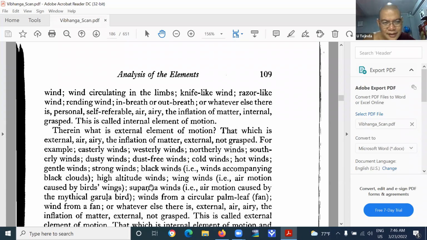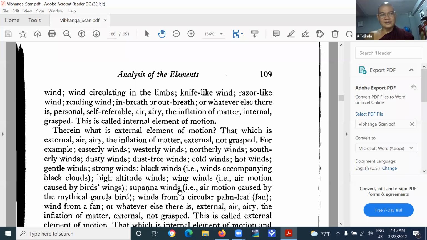It depends whether the altitude is high or low. Like us, we are in a low altitude. Then the winds like aeroplane winds. Air motion caused by burst winds also.